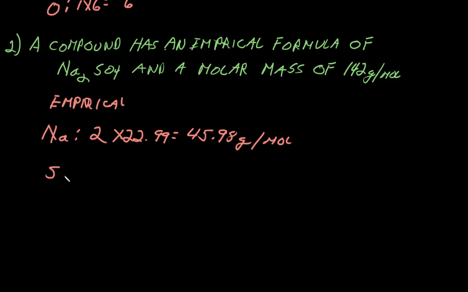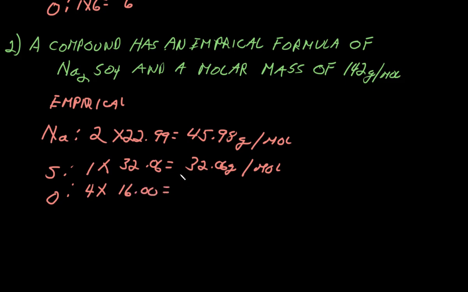Sulfur, we've got 1, go to the formula, so 1 times 32.06. And again, you get these values off your periodic table. So that's going to be 32.06 grams per mole. And with oxygen, so we got sodium sulfate, so we got 4 oxygens, and we know oxygen is 16.00.